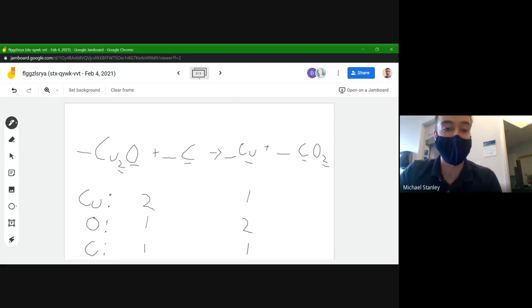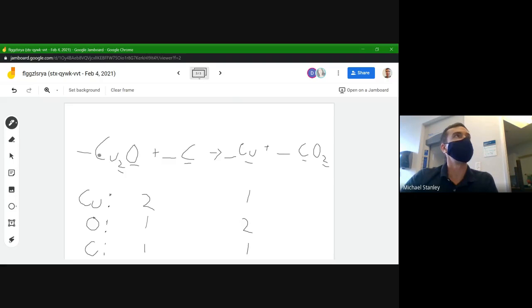This is not a balanced reaction. Something here is incorrect. So our carbons are already balanced, so maybe we're not going to have to mess with those. We can leave them alone for right now. Our Cus and our Os are both kind of equally unbalanced.